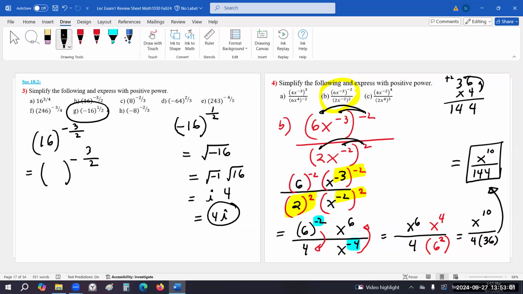Twice. So what number squared gives us 16? 4. Every time we look at the denominator, we rewrite our number in terms of the denominator, because our goal is to cancel the denominator with the new power we get. So plus 2, minus 2 cancel out. What are we left with?